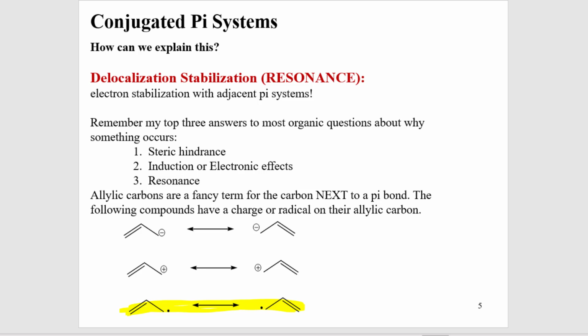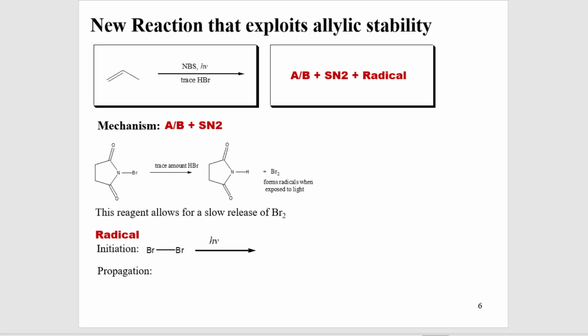I showed you that forming a radical at the allylic position is much more stable than just willy-nilly forming a radical on an alkyl system that has no conjugation. So we're going to exploit this stability to do a very selective reaction.